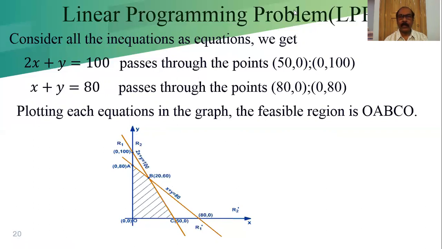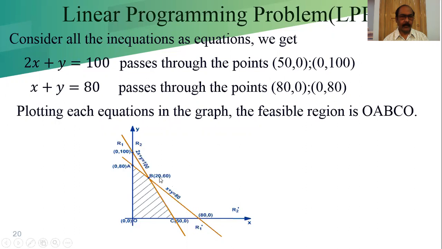Now plotting each equation in the graph. The feasible region is OABCO. Both the constraints are less than or equal to. So this is x plus y equal to 80, and the feasible region is on this side.